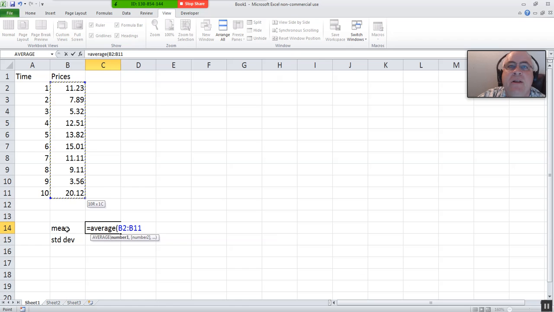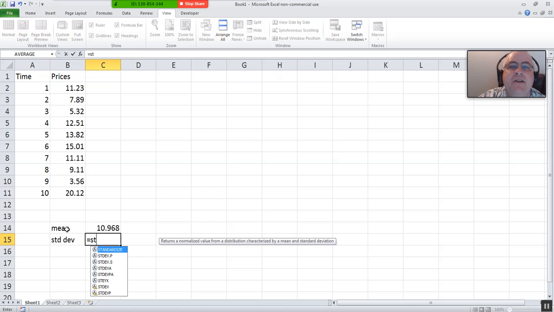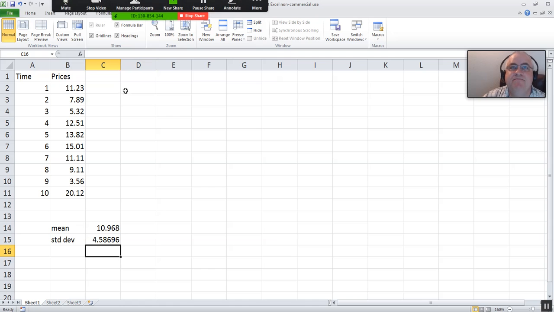So B2 to B11 is where I got my data. In standard deviation, I'll do equals, and then standard deviation dot P for population. And then I'm going to choose B2 to B11 again. Okay, and I got those values.